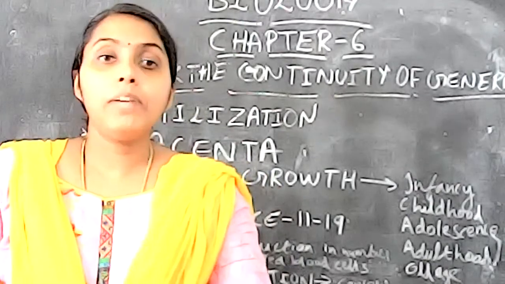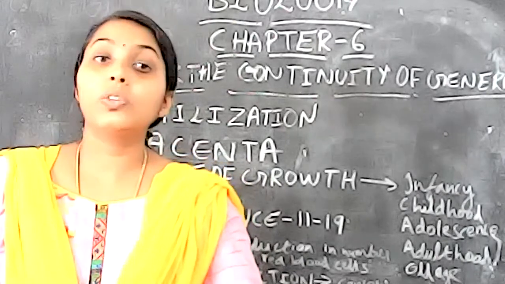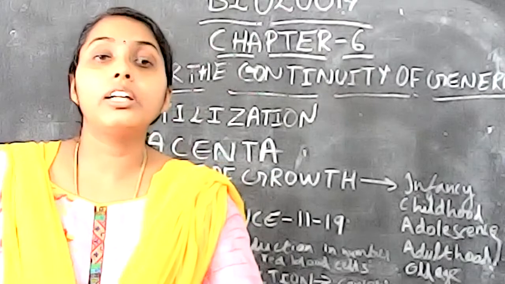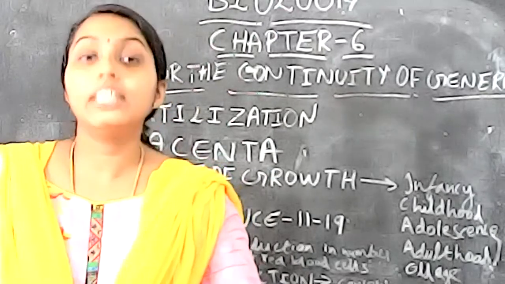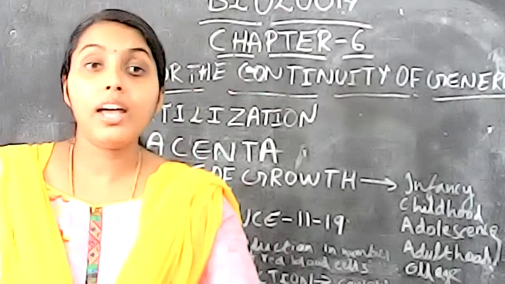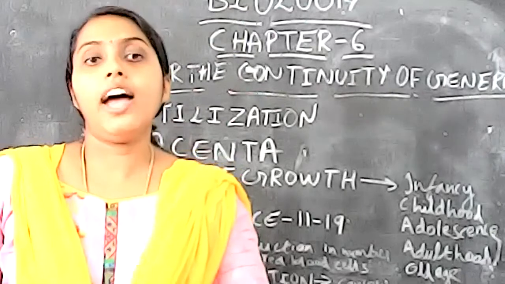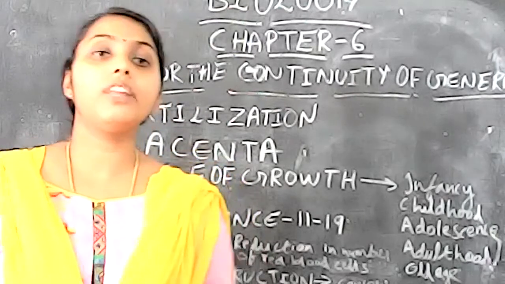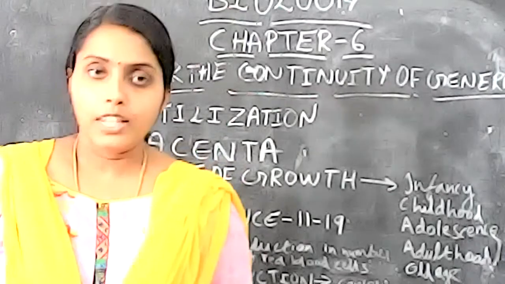This anemia is caused by iron deficiency. So in schools, students are given iron tablets to prevent this disease. Anemia can be prevented by taking food rich in iron content, so by taking iron-rich food, we can get rid of anemia.